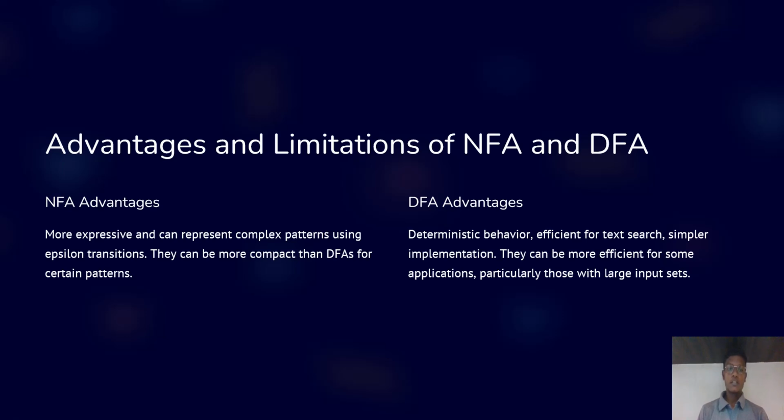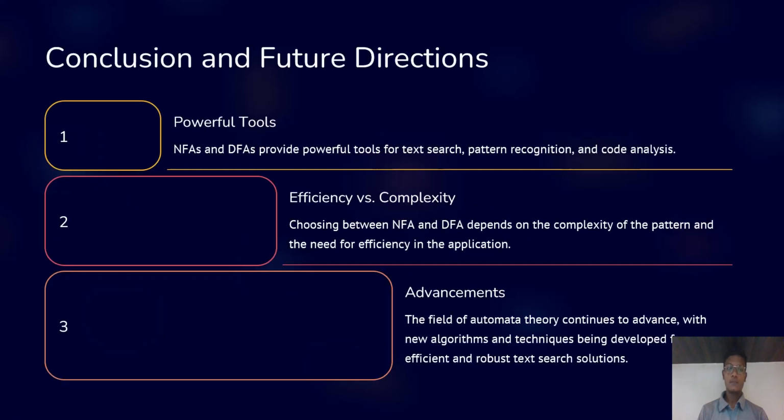When we compare with the DFA, it is more compact. We'll move on to the DFA advantages. Deterministic behavior, efficiency for text search, simple implementation. It can be more efficient for some applications, particularly those with large input sets. These are some advantages of NFA and DFA.